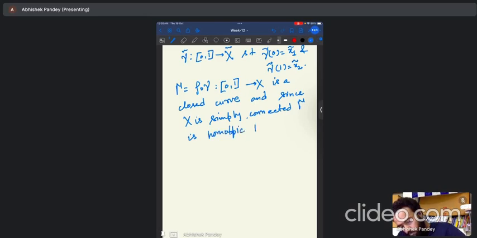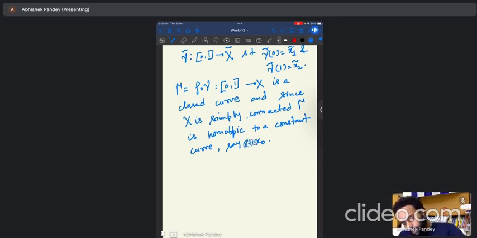Homotopic to a constant curve, let us say x naught only. Let us say sigma of t is basically x naught.